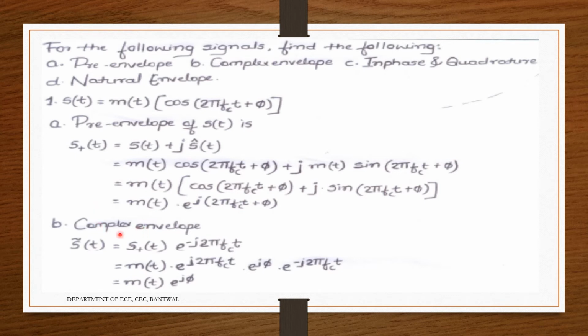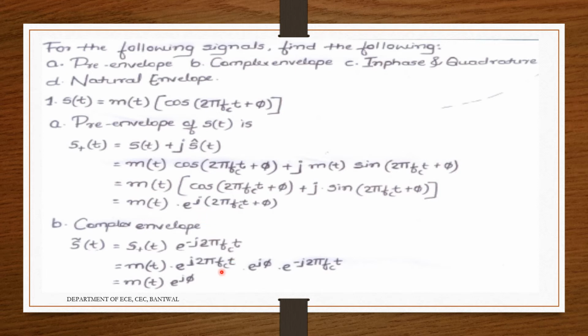Complex envelope. The complex envelope is s cap of t, equal to s plus of t into e raised to minus j 2 pi fct, which is equal to m of t into e raised to j 2 pi fct into e raised to j pi. I have simplified here in two different steps. Simplified: e raised to a plus b is nothing but e raised to a into e raised to b.